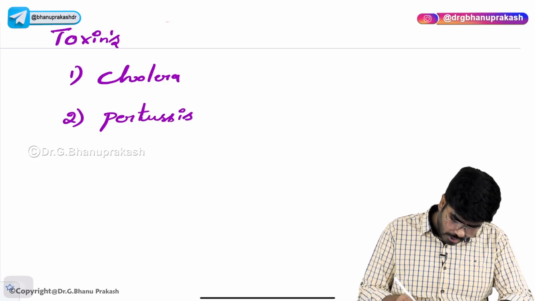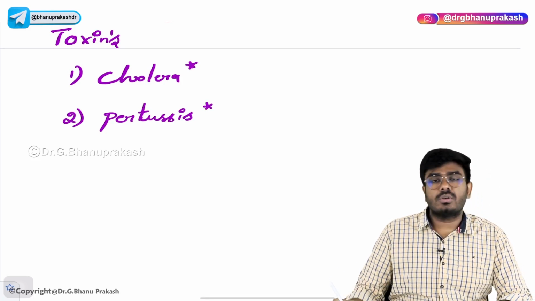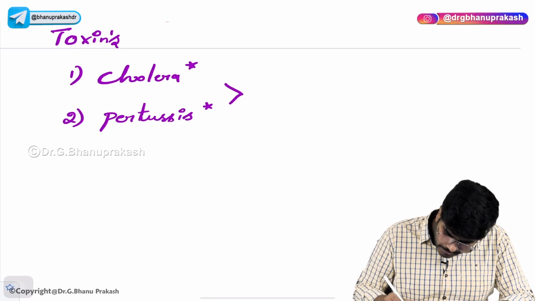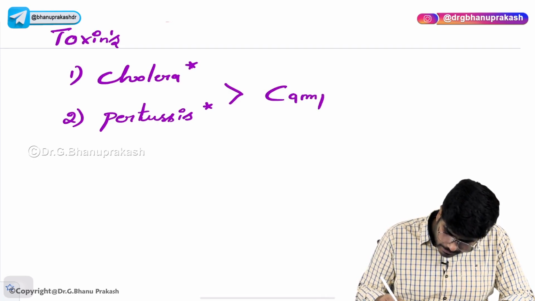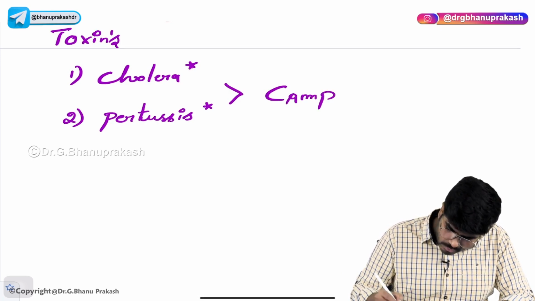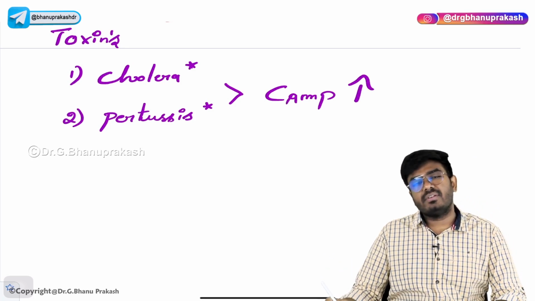Okay, these two toxins, cholera toxin and pertussis toxin, will also use cAMP. These two toxins increase the cAMP levels inside the cell.